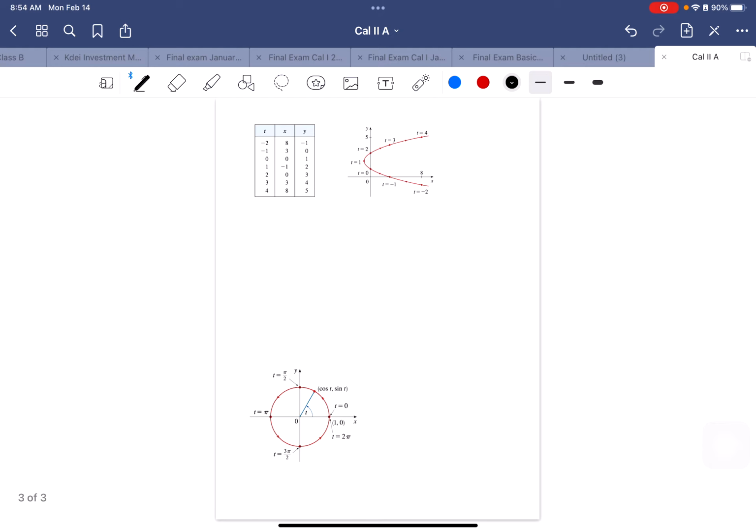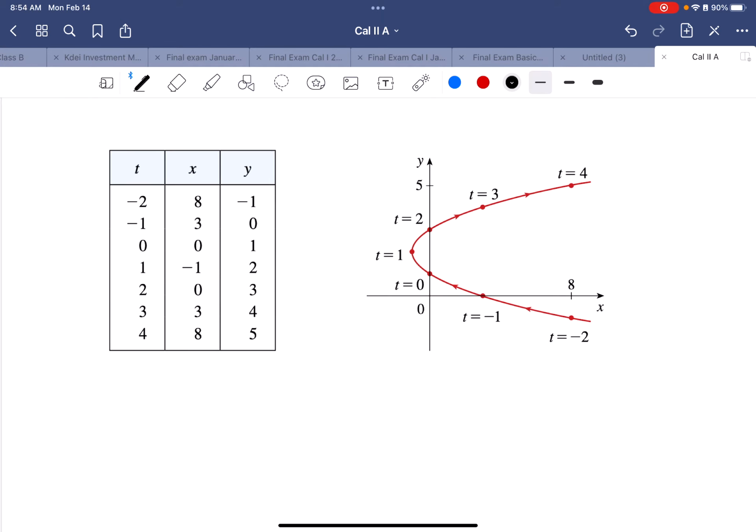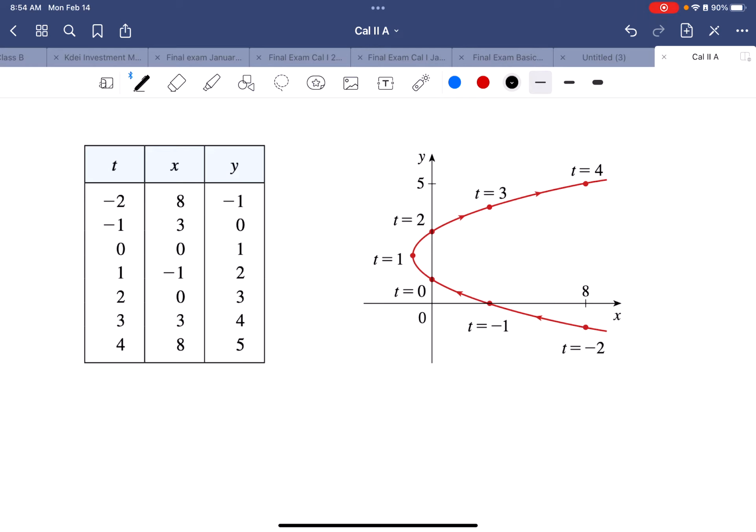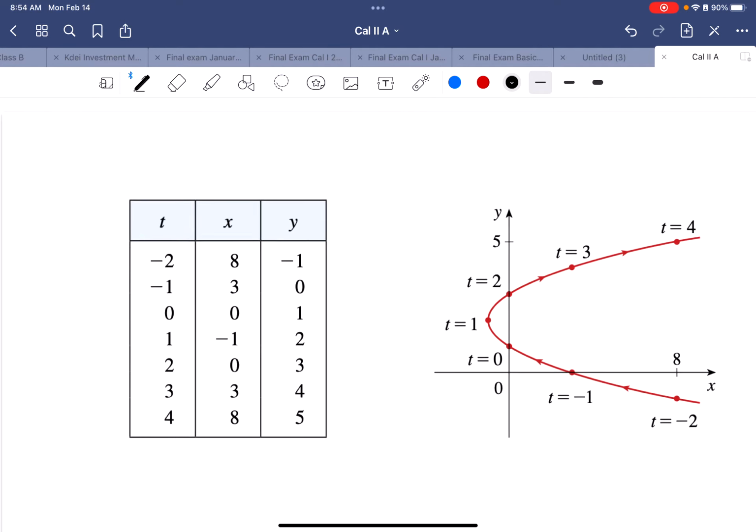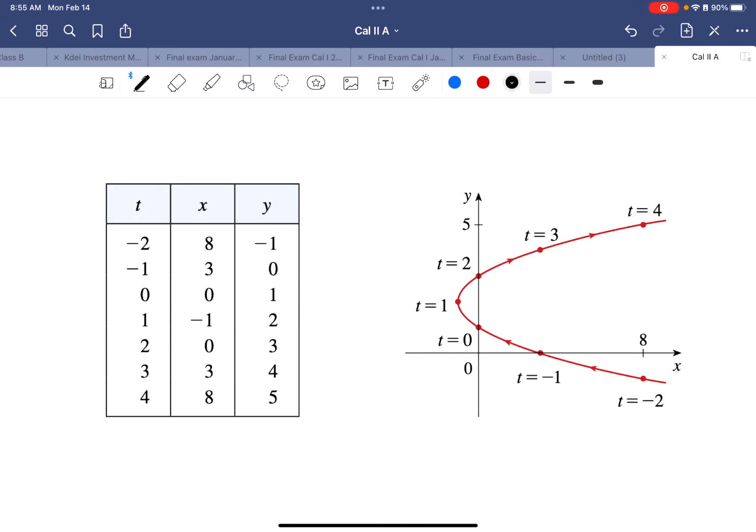Okay, example. Okay, we can set up the curve. I haven't written it: x is t squared minus 2t, y is t plus 1.